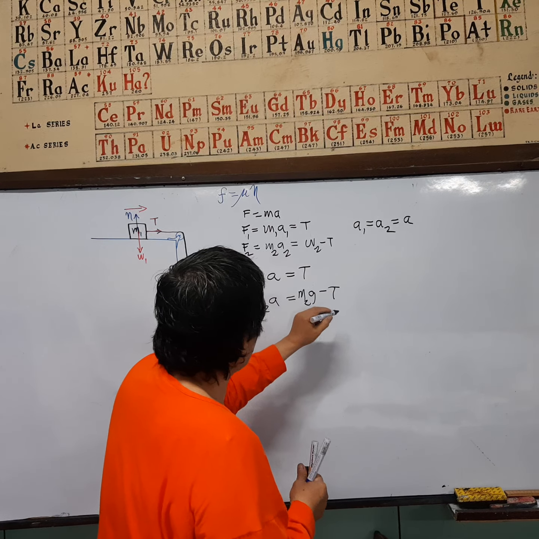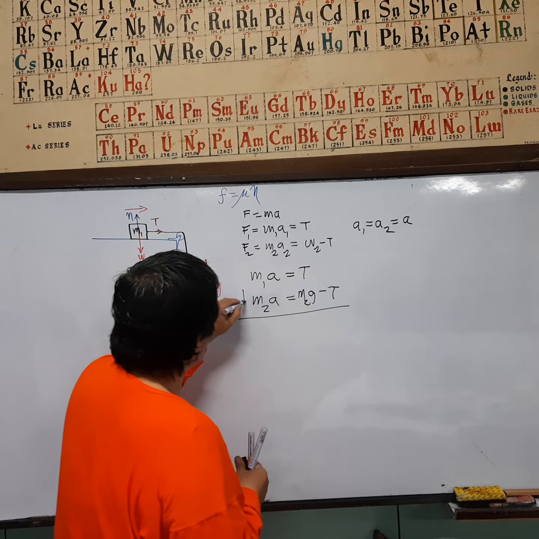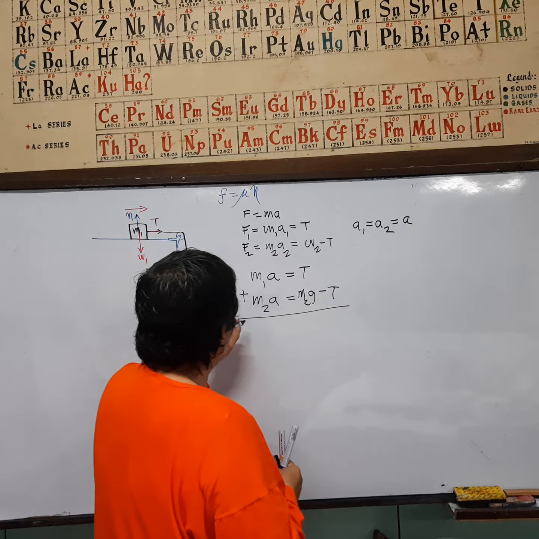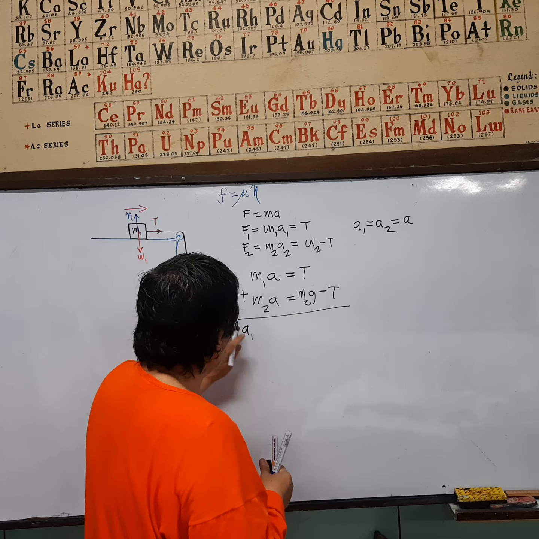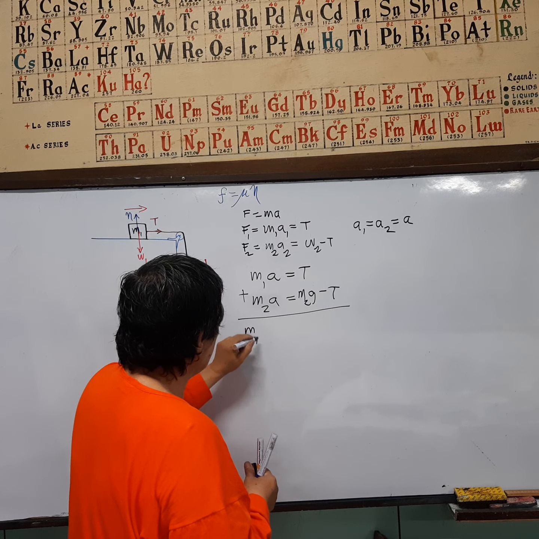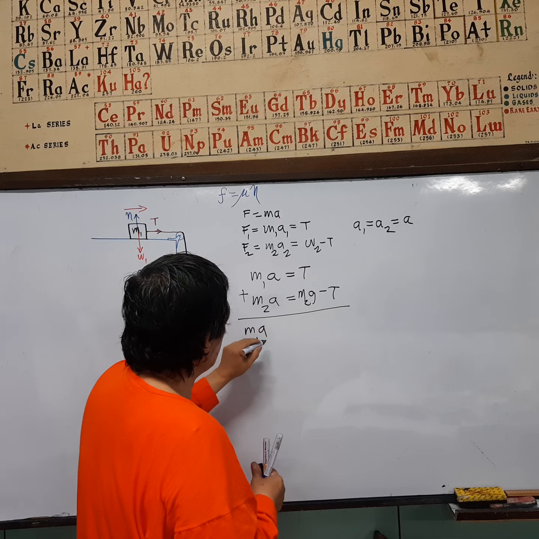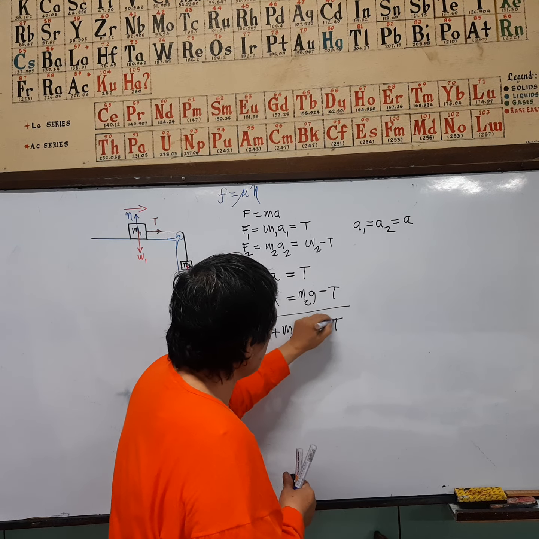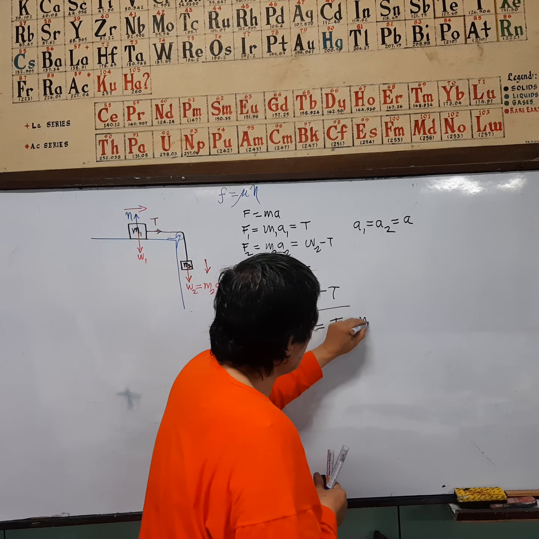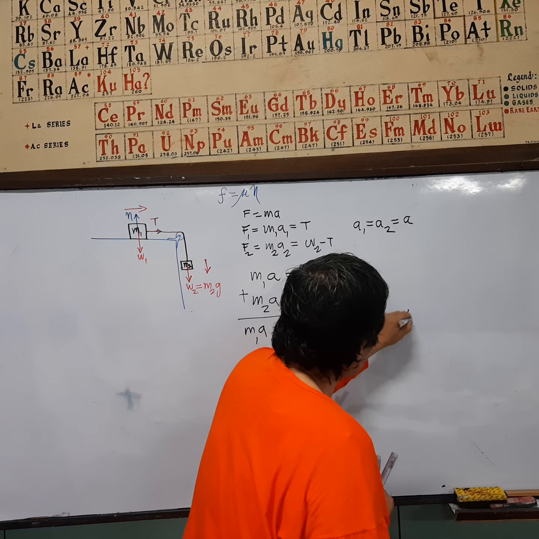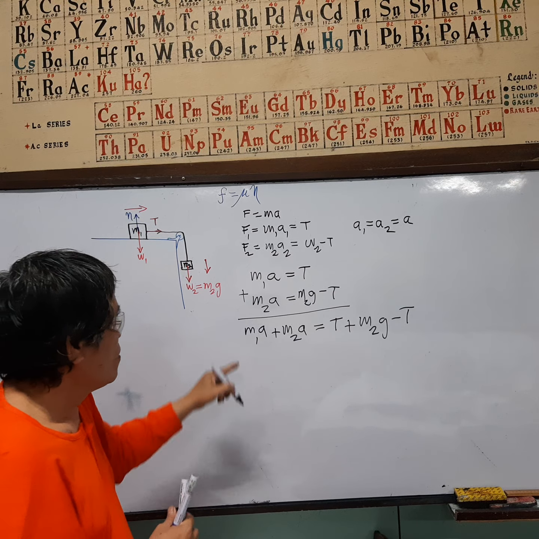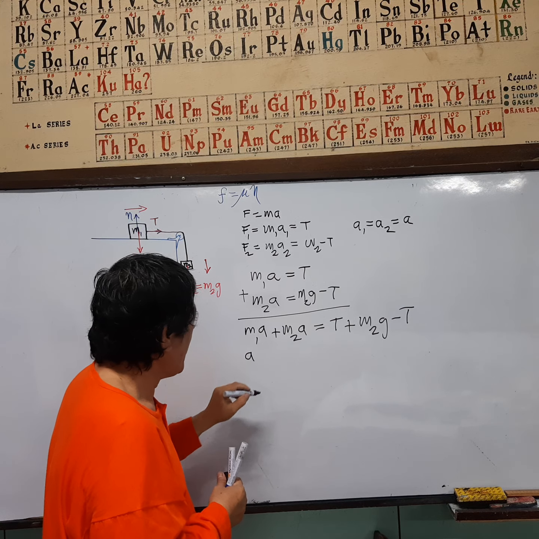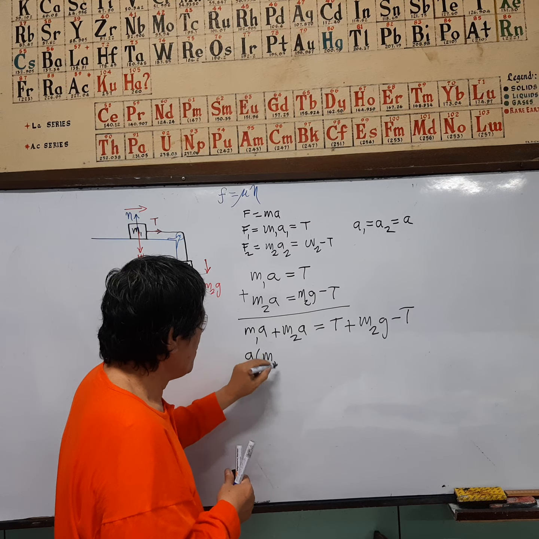Then we are going to add. We always get the summation of forces, we add. So you have here M1A plus M2A is equal to T plus M2G minus T. We factor out A because A is a common factor.